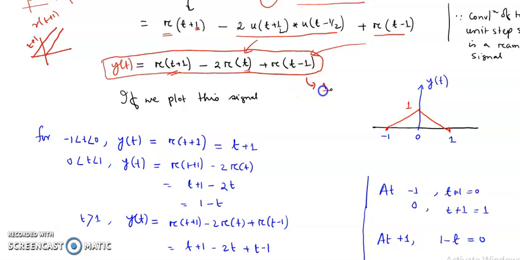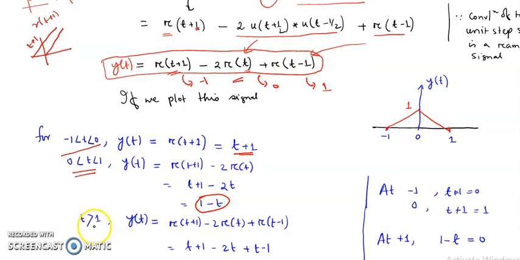So for the limit minus 1 to 0, you will get only the first component r(t plus 1), which is nothing but t plus 1. For 0 to 1, you get r(t plus 1) minus 2 r(t), so t plus 1 minus 2t. You get this expression for y(t).